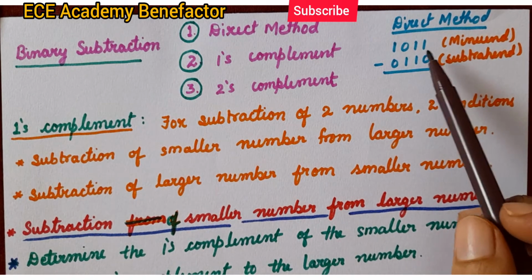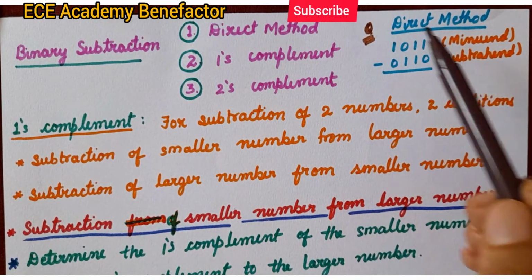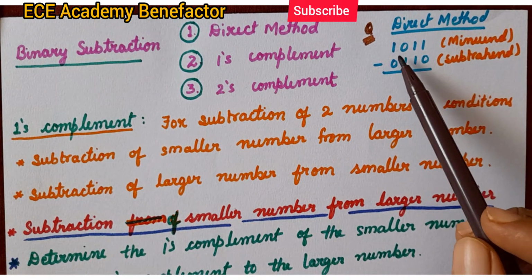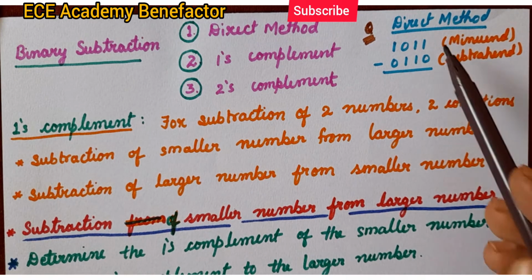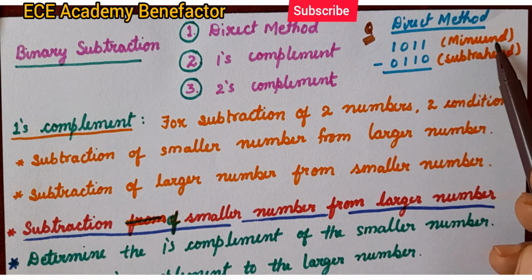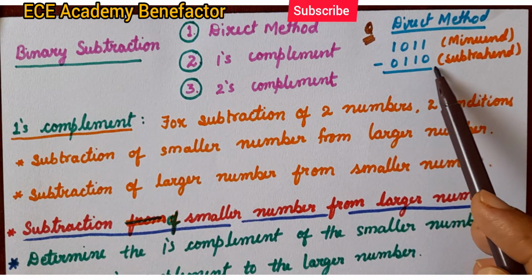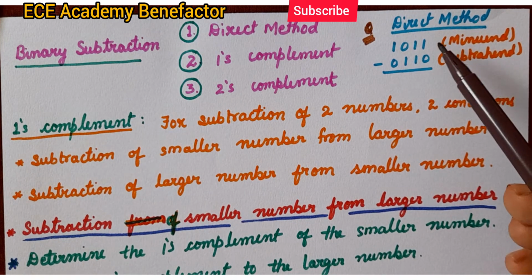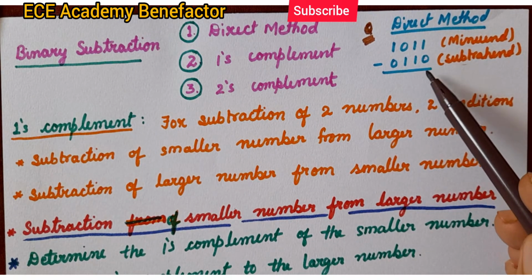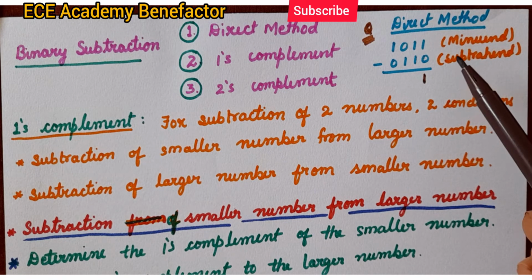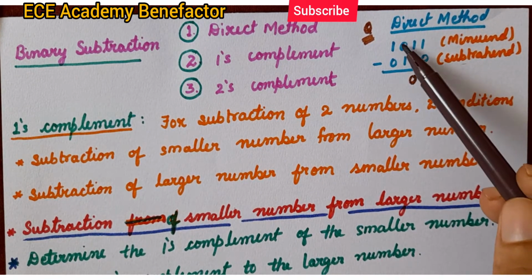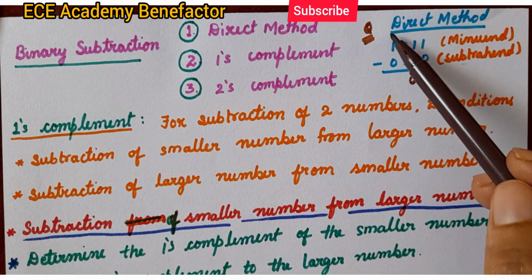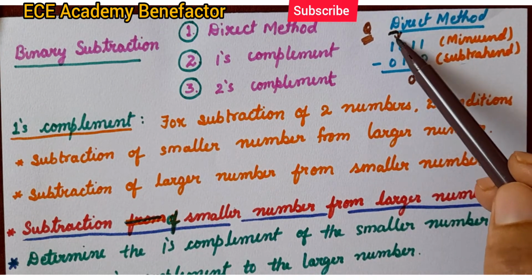So, the given question is subtract 1011 minus 0110. The first number is called the minuend and the second number is called the subtrahend. Let us subtract: 1 minus 1 is 0. 1 minus 1 is 0. 0 minus 1 we can't do, so we take a borrow of 1.